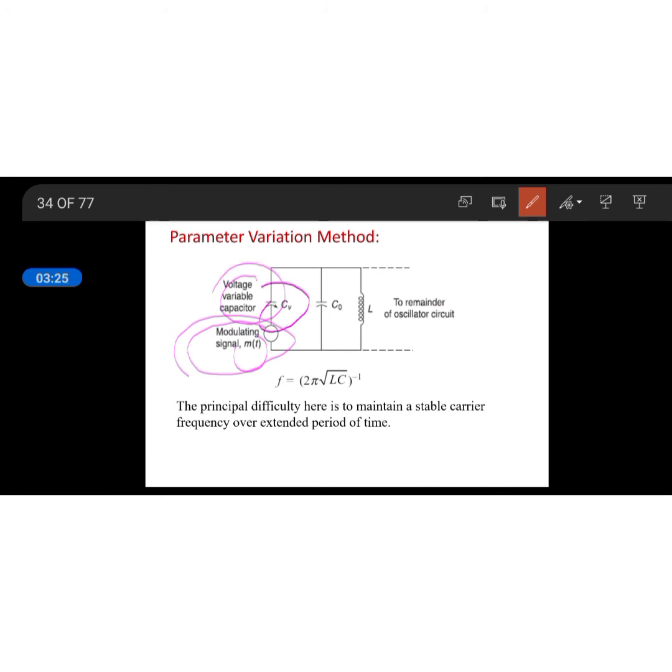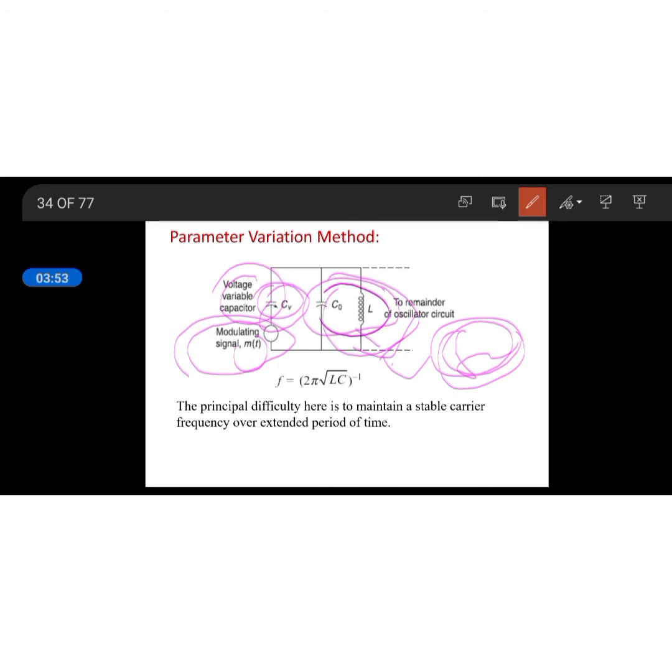The function of the capacitor is that it stores electrostatic energy, and after some time it discharges the energy. Here is a tuned circuit which is used to generate the carrier frequency, the instantaneous frequency of the carrier.